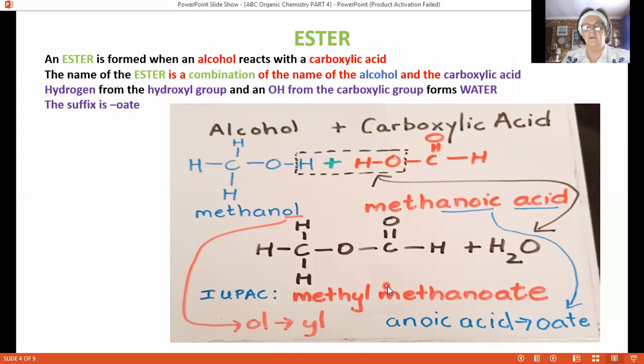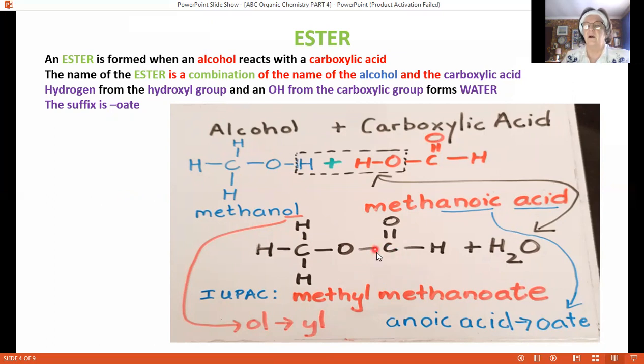So let's see how the ester is formed then with the alcohol. The alcohol being on the side, we've got the O, and the alcohol's suffix was ol. So the ol then changes to yl. So here's one carbon, so it's methyl. Here we recognize the double bond oxygen, then being part of the carboxylic acid.